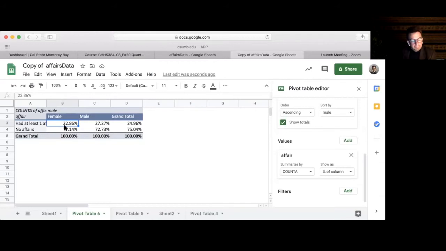Now, is that just because of sampling error? Can we say that there is a difference between male and female in the likelihood of having an affair in the population? Because maybe this little difference is just there because of sampling error.